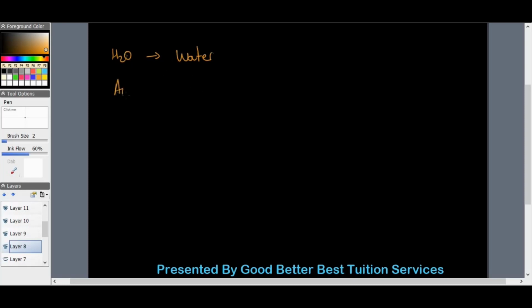And then another one which we would use is ammonia, which is also known as NH3. It's ammonia. It's also known as NH3. I'm writing foolishly, sorry.